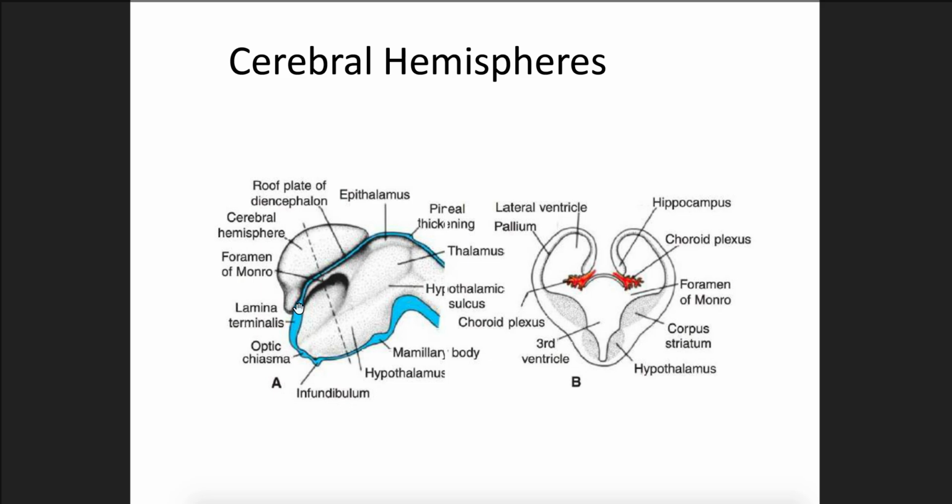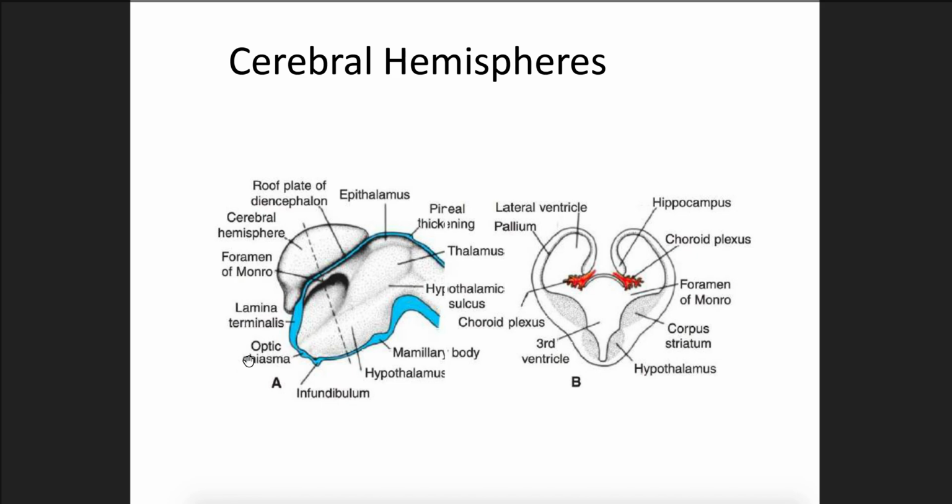And it is important because a lot of fibers or commissures or bundles of white matter cross through this lamina terminalis from one hemisphere to the other, which we will discuss a little bit later on.